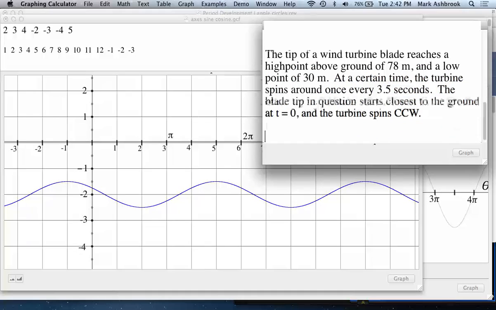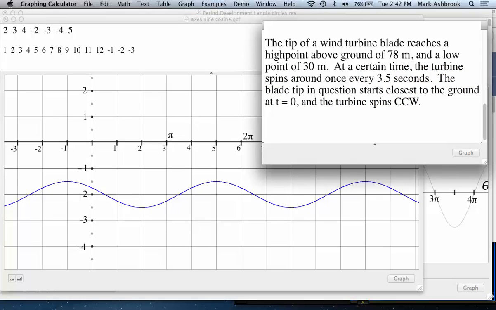So the tip of a wind turbine blade reaches a high point above ground at 78 meters and a low point of 30 meters above the ground. At a certain time, the turbine spins once every 3.5 seconds. The blade tip in question starts closest to the ground at t equals 0, and the turbine spins counterclockwise. So you need to write a sine and cosine function to model the height of the tip above the ground.